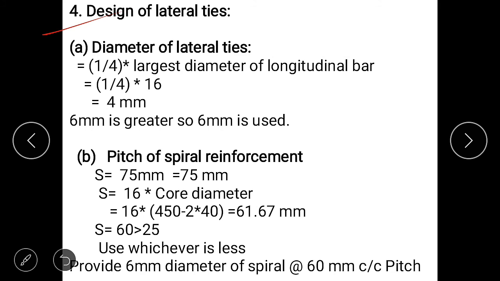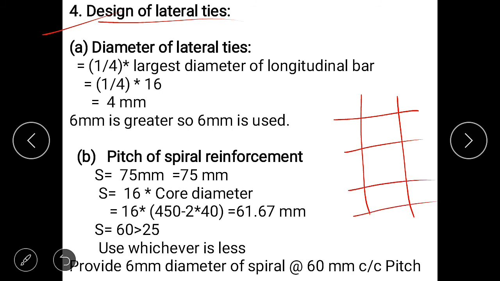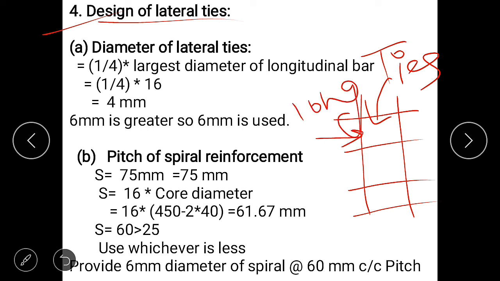Next step, we have to find the design of lateral ties. This is a lateral tie and this is a longitudinal bar. So first, diameter of lateral ties is 1/4 into largest diameter of the bar.